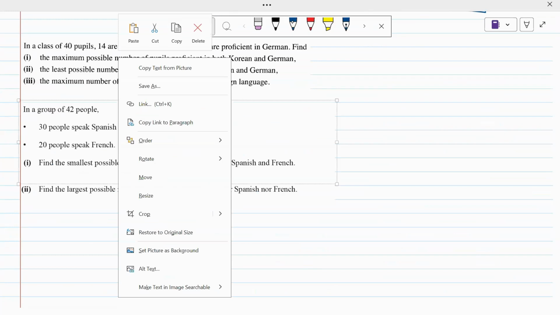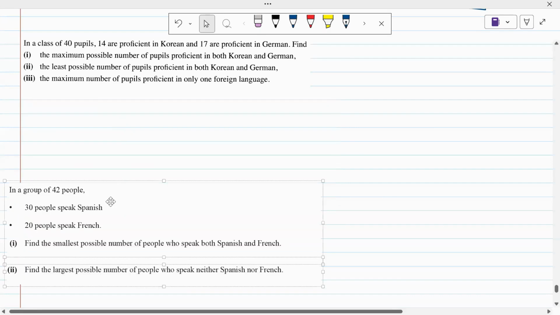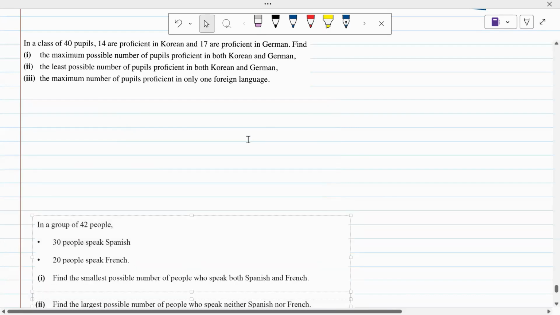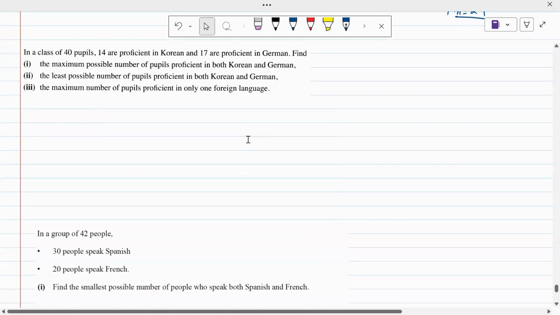Okay, this next example. Having a look at this example, can anyone tell me if it's a case of disjoint sets or not? The second example.